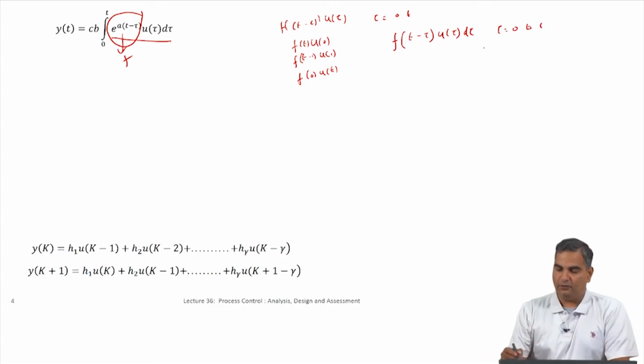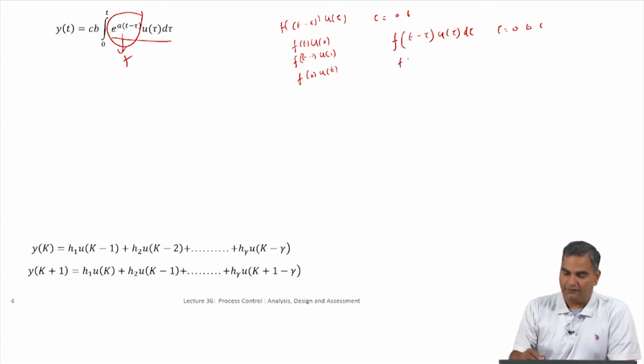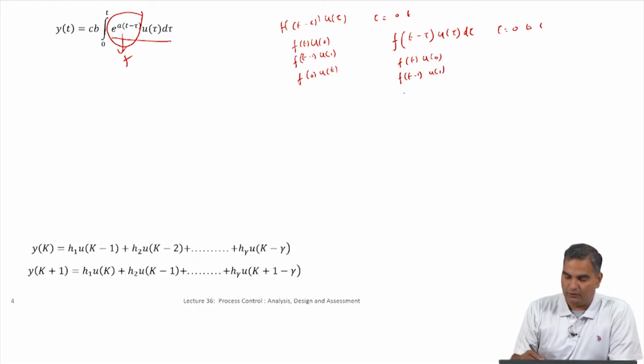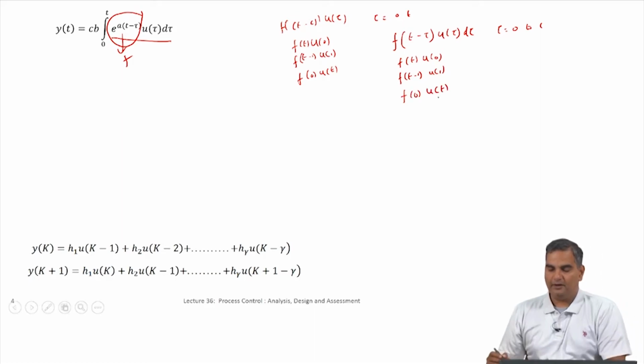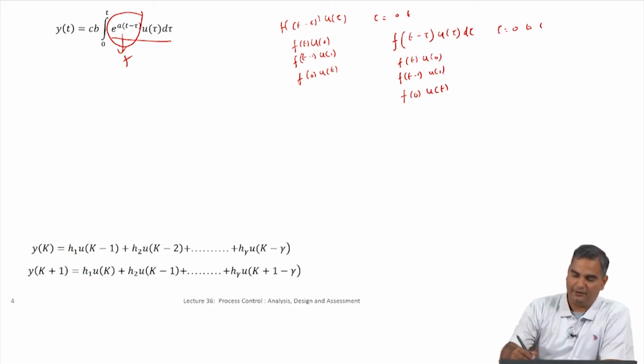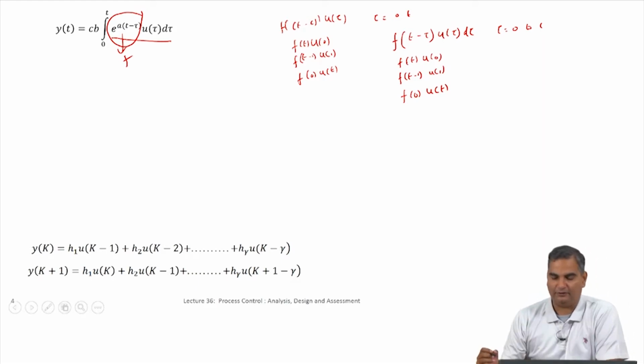If I take tau is 0, I get f of t multiplied by u of 0. If I take tau equal to 1, I get f of t minus 1 times u of 1, and if I take tau equal to t, I get f of 0 times u of t. So, in other words, as tau keeps increasing, the argument of f keeps going down.